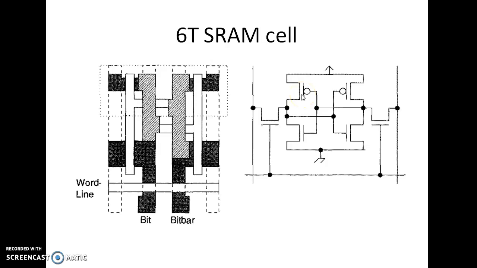So how do you change the resistance? You know the concept, that is changing the aspect ratio, that is W by L. So you need to design the 6T SRAM cell by changing the aspect ratios of these 4 MOSFETs, so that it will consume very less power.